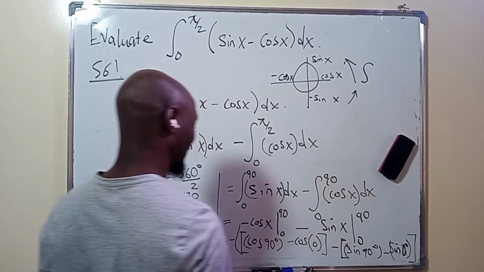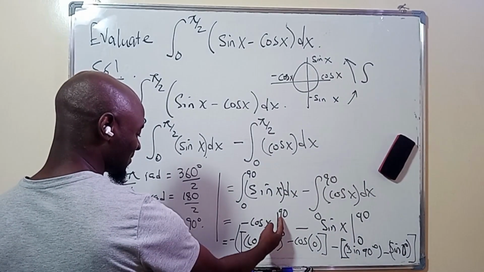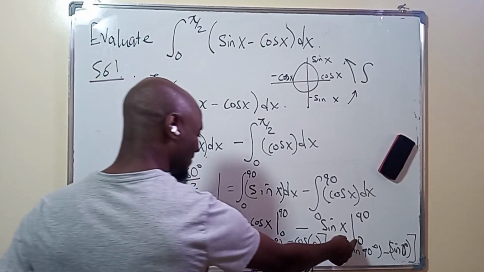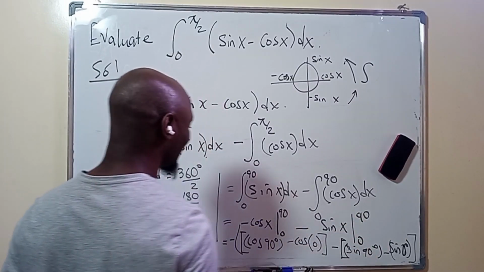You put these values: the upper limit minus the lower limit, for each.